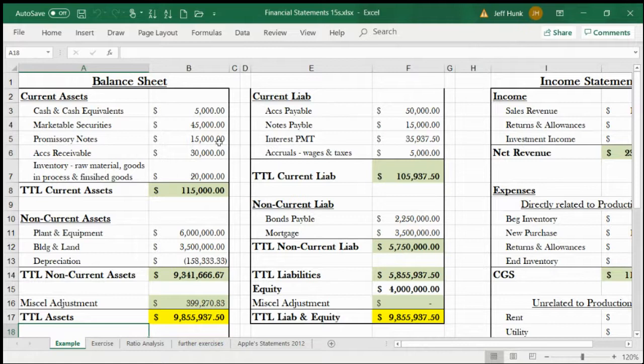But once again, that is not the case in general, because no one holds the promissory note until maturity.